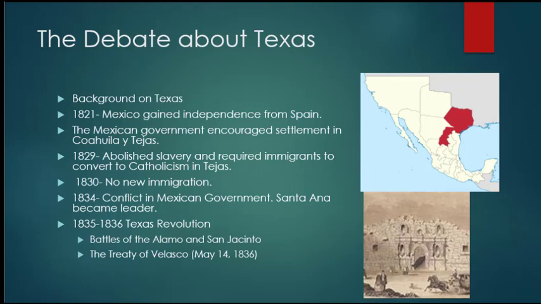When this happens, many of the Anglo-American settlers in Mexican Texas really oppose Santa Anna and his thoughts about centralizing the Mexican government. And they come together and meet in November, and they issue a statement. And basically they say that they're committed to the Constitution of 1824, and they declare that Texas was a separate state within Mexico.